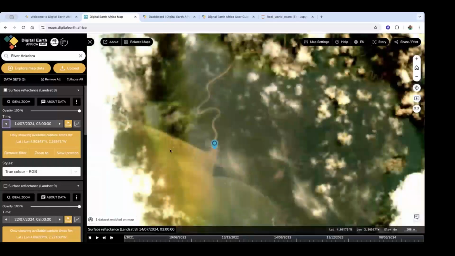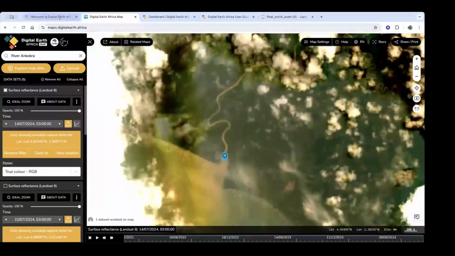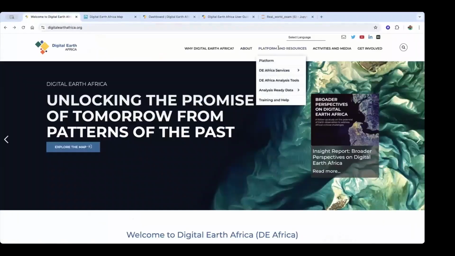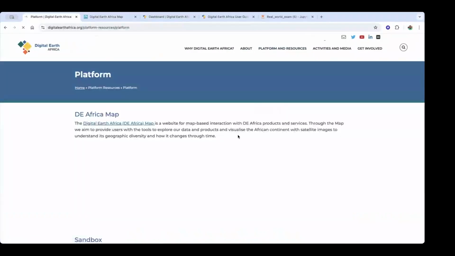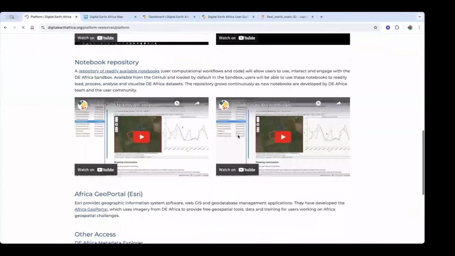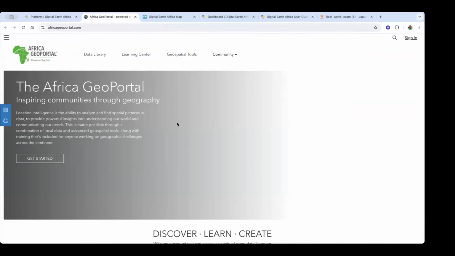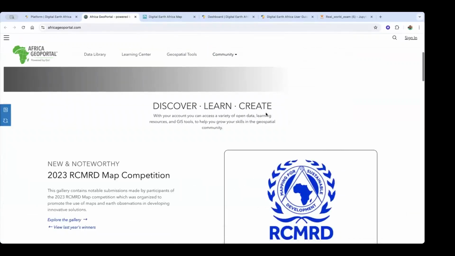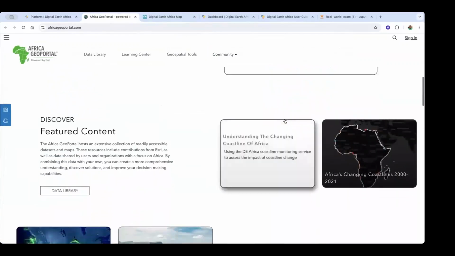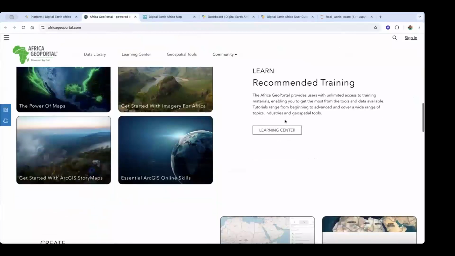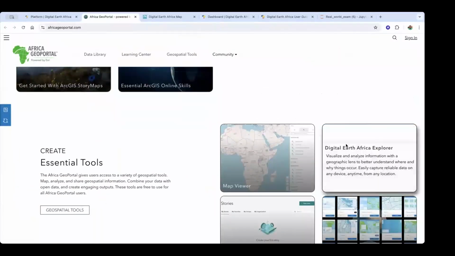And as you can see, on the Digital Africa side, on the platform, you can see how to access our map and sandbox, as well as the geo portal, where you'll be able to unlock more as well. Similarly, our data is also in the Living Atlas, which makes sure that no one is left behind. This is quite useful for your work.